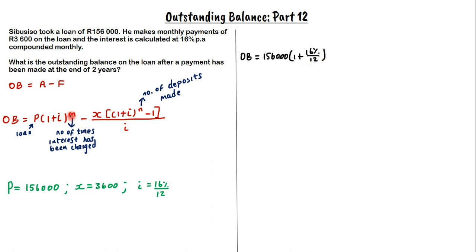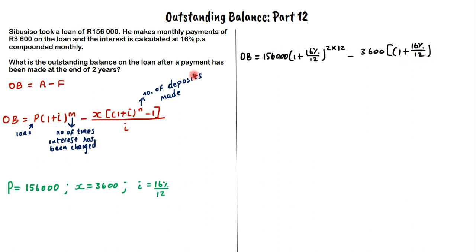To put in the interest charge, this is after 2 years, but the compounding has been happening every month, so I'm going to multiply this by 12 to get the actual value. Then I subtract the future value, where x is 3,600 rand, and 1 plus 16% over 12.